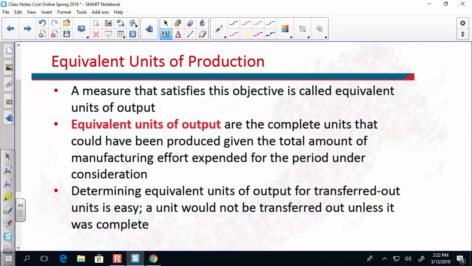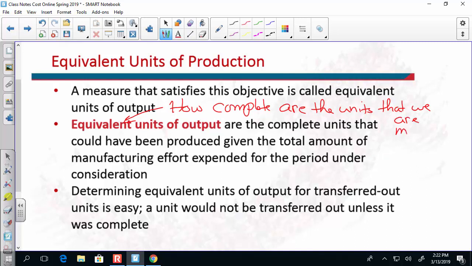So our new term in Chapter 6 that we've not had before is called equivalent unit. And really the word equivalent means how complete are the units that we're making. So we'll look at where our parts are in the production cycle.